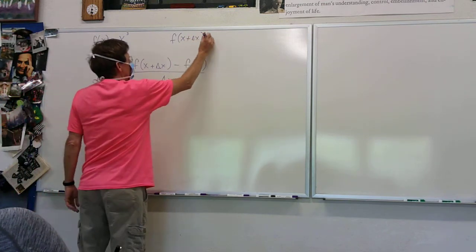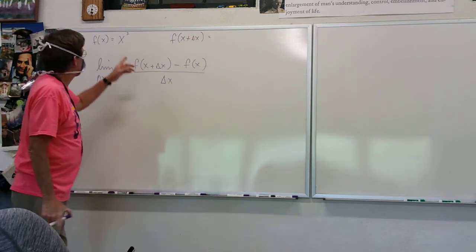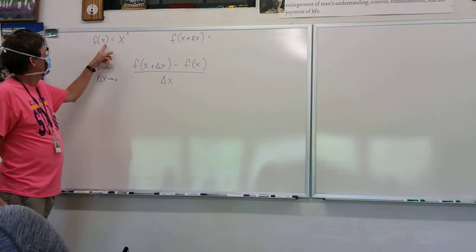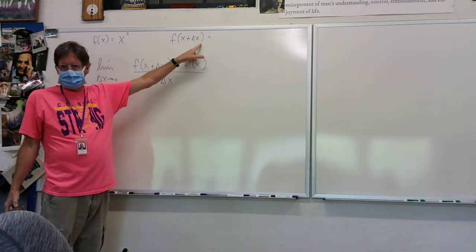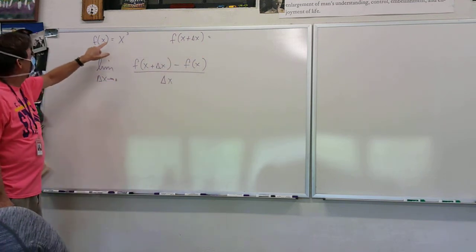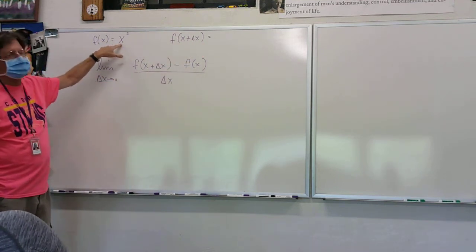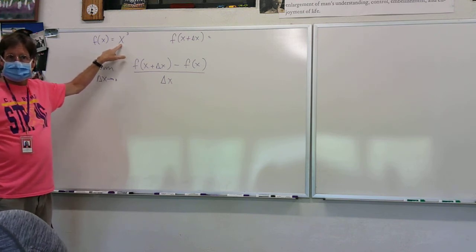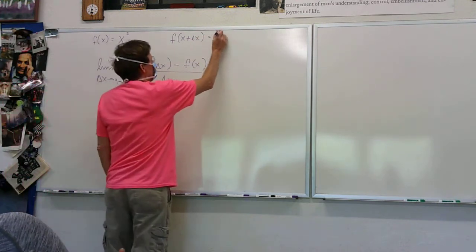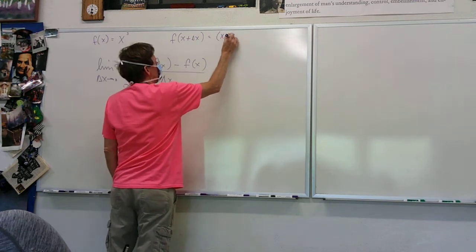And the easy way to do that is when you have f of x, now you got what? F of what? X plus delta x, right? So everywhere that there's an x in here, you're going to have to put in what? X plus delta x, right? Substitute it in, so you get x plus delta x cubed.